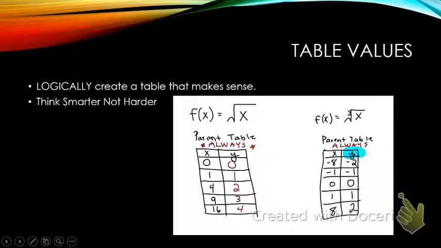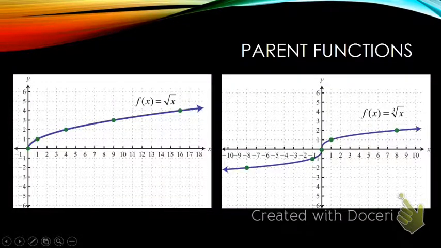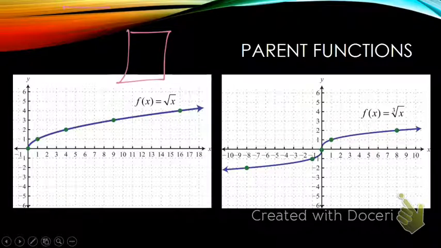Now, if we go back to this graph right here, let's take a look. Remember, our parent table said we had 0, 0, 1, 1, 4, 2, 9, 3.